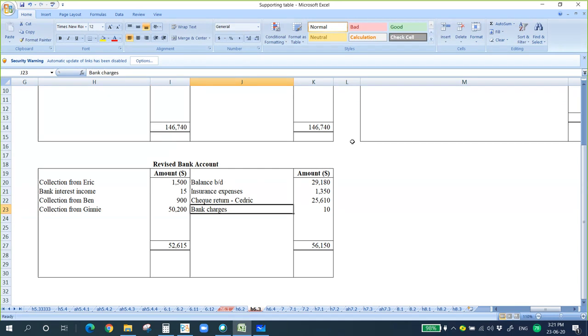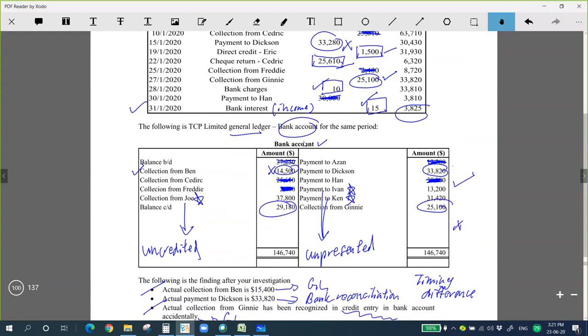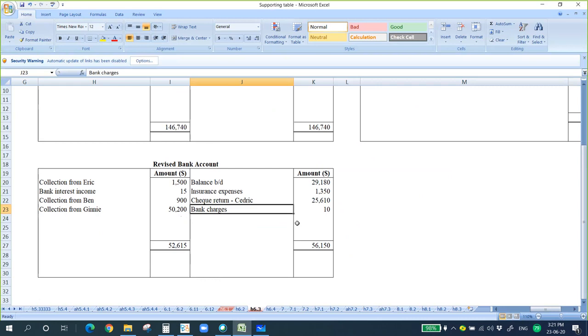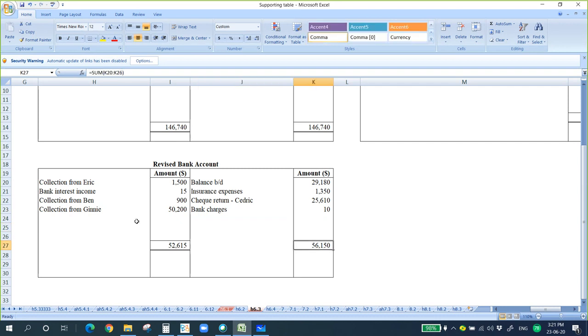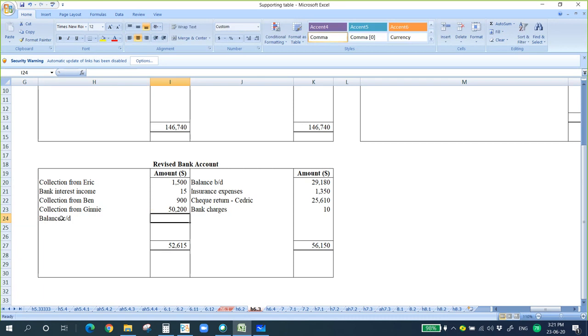So basically we have completed everything except for the bank reconciliation adjustment. So next we can find out the new balances for the bank account. So 56150 here, 52615 here. So we know the missing amount is on the debit. What is the amount?